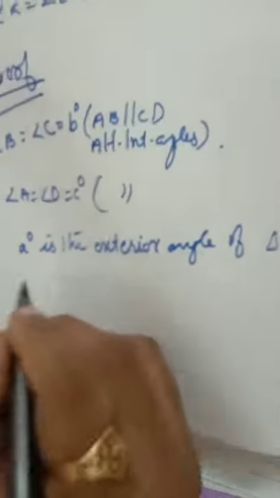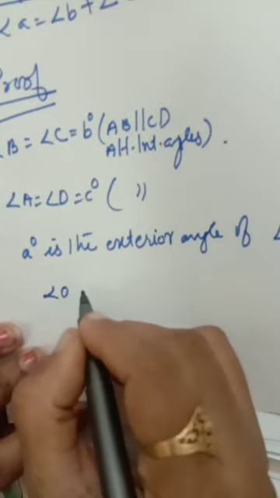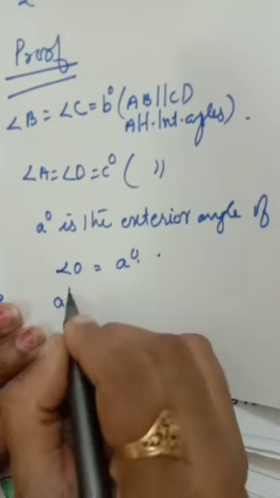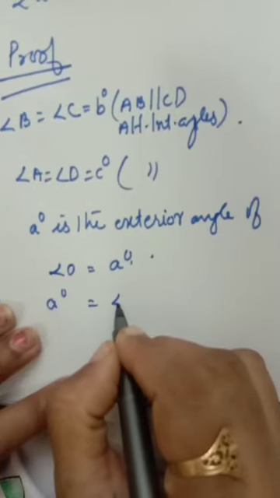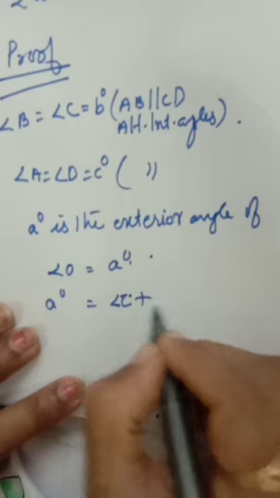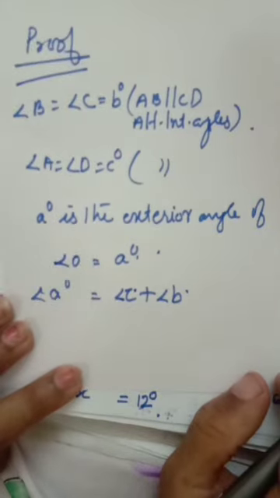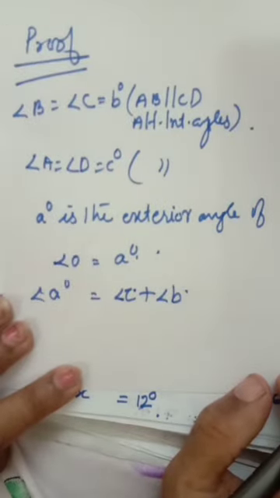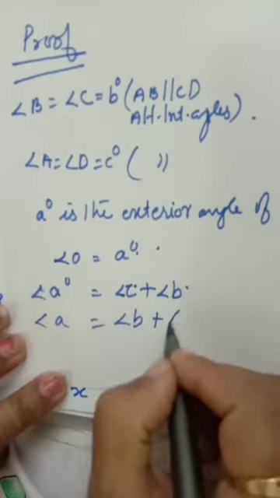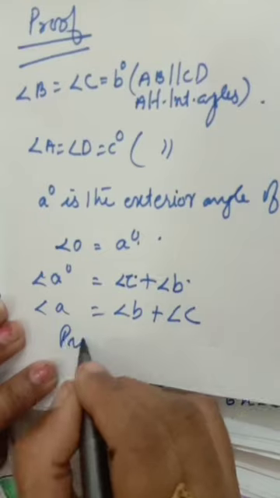Then angle A equals angle C plus angle B. Otherwise you can say angle A equal to angle B plus angle C. Proved.